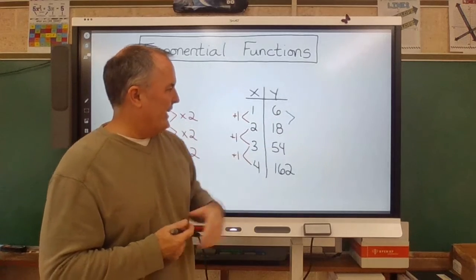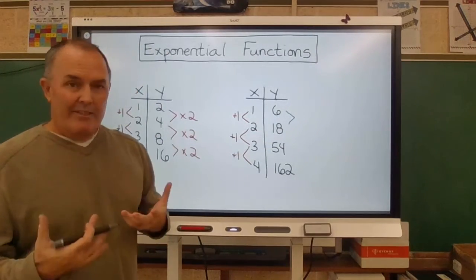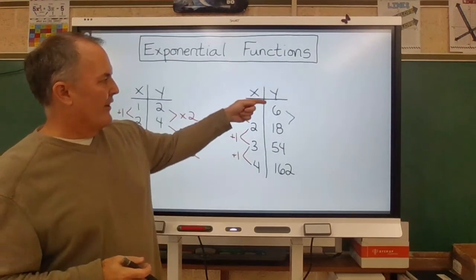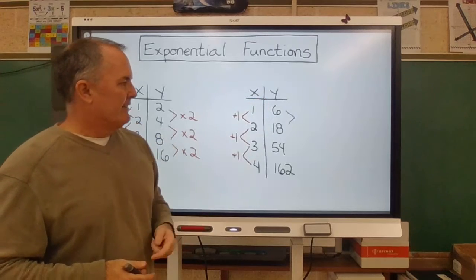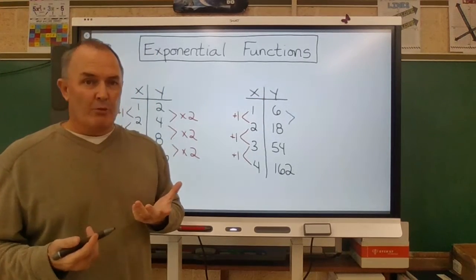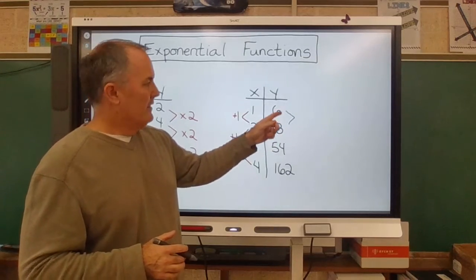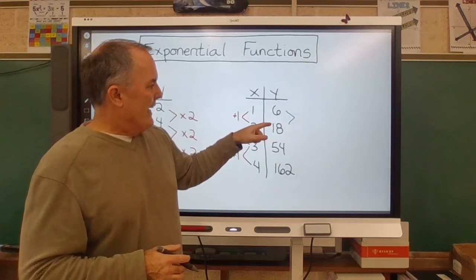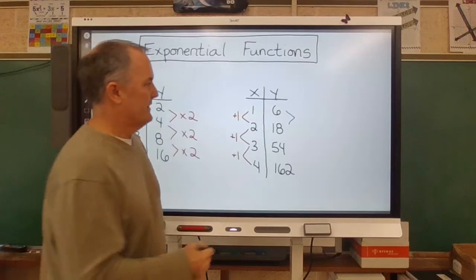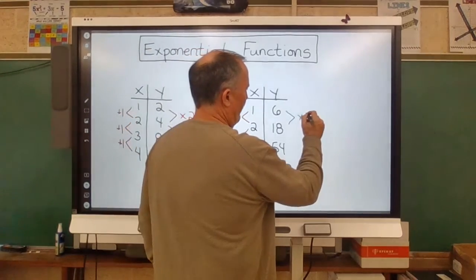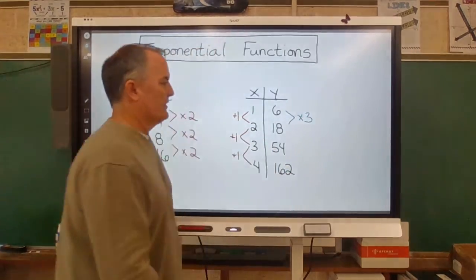If the change was the same every single time, then it'd be quadratic. But here, to go from 6 to 18, we're going to multiply by 3. One of the easier ways to do that is to take your second number divided by the first number. So 18 divided by 6 would be 3, which means we're multiplying by 3 every single time.